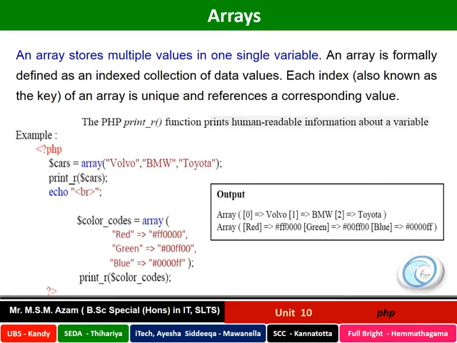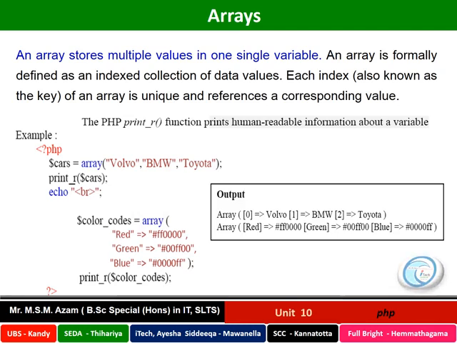Next is a very important data type in PHP, that is array. An array stores multiple values in one single variable. Normally, a variable can store a single value at a time. But when you need to store multiple values in a single variable, you have to select an array.